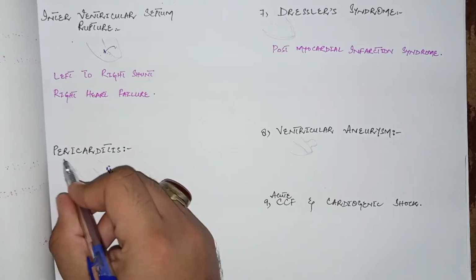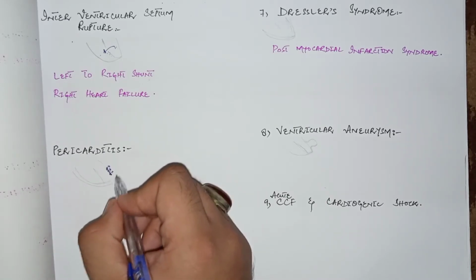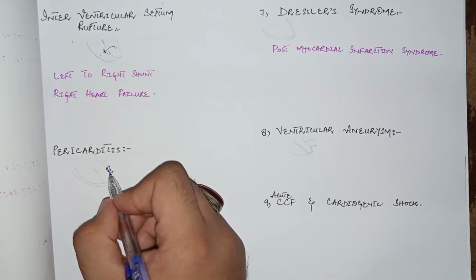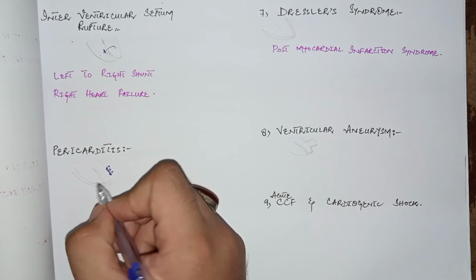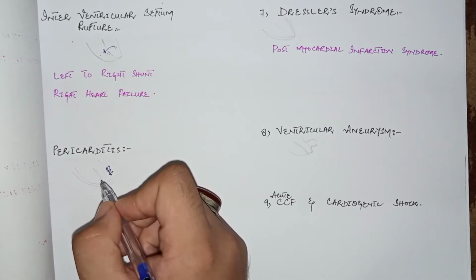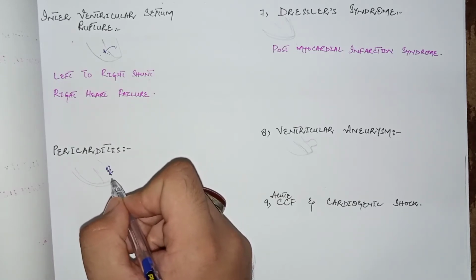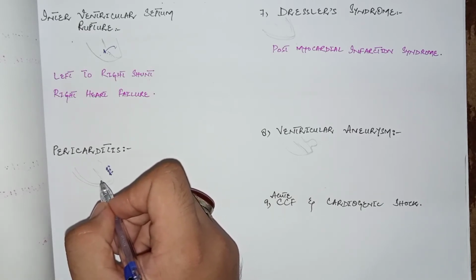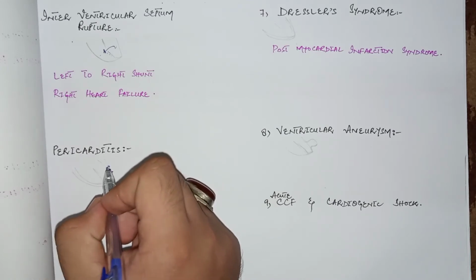This is called pericarditis, that is, the covering outside the myocardium, the pericardium, is also inflamed in cases of MI in some patients. It usually occurs on the second or third day of the myocardial attack, and the patient presents with chest pain and pericardial rub. These are the features of pericarditis.